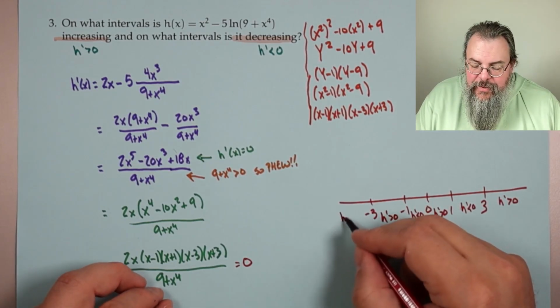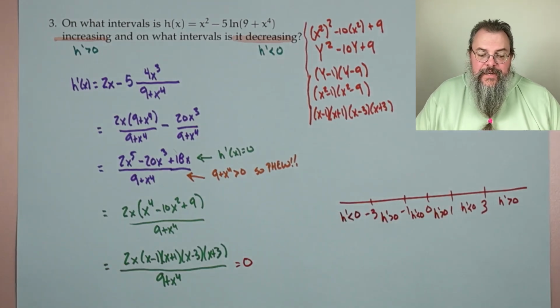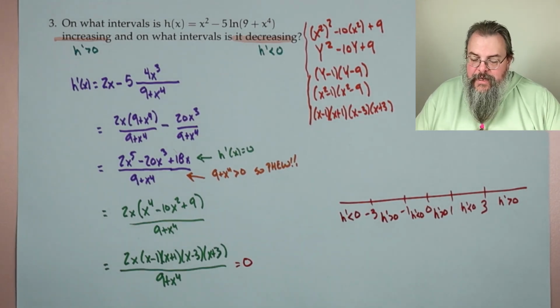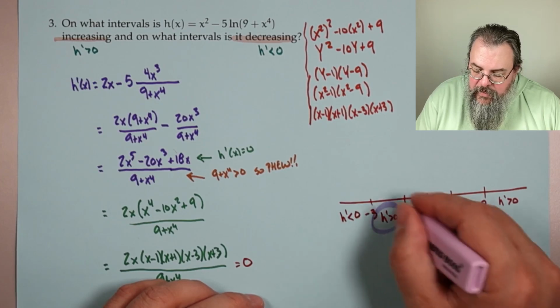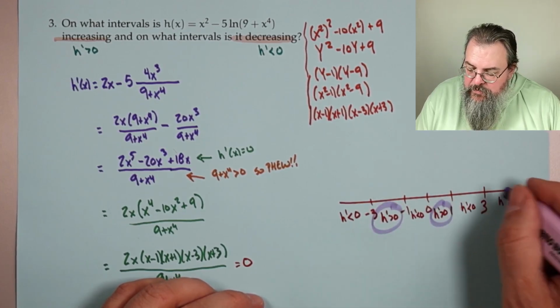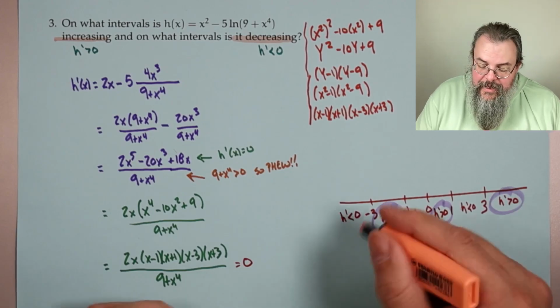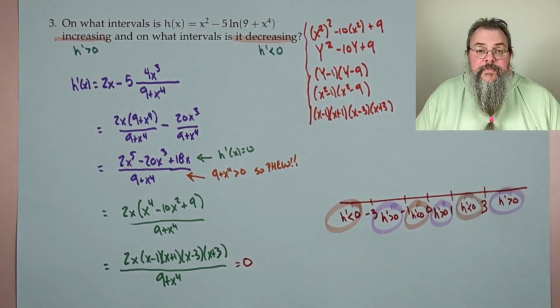So that makes h prime negative. Okay, so we really have 2 cases, right? Where h prime is positive, we'll just mark those. And we have where h prime is negative, and so we'll mark those with a different color.